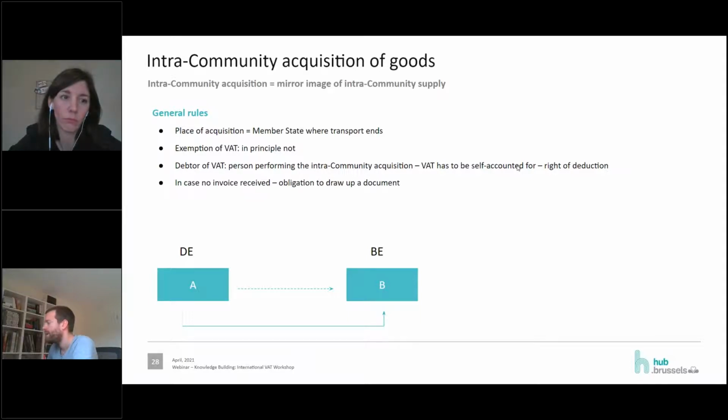So it will have to pay and will be able to deduct the VAT at the same time in its VAT return, provided that it has a full right to deduct the VAT, of course. Again, important to receive, even though you are the customer, it's not the rule, but it's always good to have the documentary proof to justify the transaction. Although the burden is on the supplier, it's always good that you keep this kind of information.